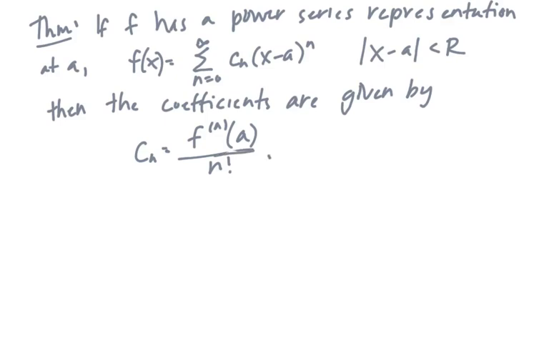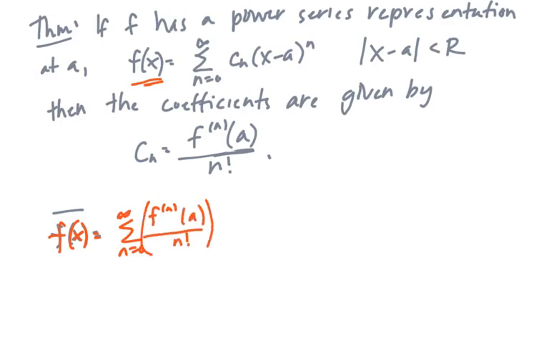What does that mean for you for real? What this really means is not part of the theorem, but then we know that if we look at f of x, this means that we could rewrite it from this f of x up at the top. So we could rewrite it to be f of x equals the series from n equals 0 to infinity, the nth derivative of f at a over n factorial, so that takes the place of c sub n, times x minus a to the n power.